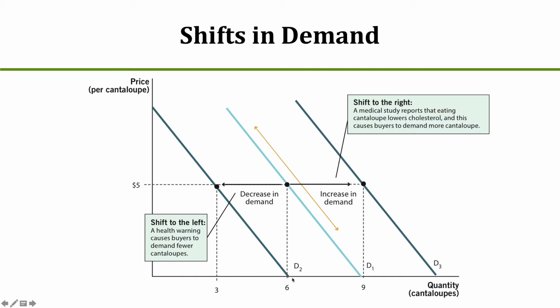Before they were buying 6 units for $5. Now they are buying 9 units for $5. So for each price level, they tend to buy more after the demand shifts. The most important thing here is that when demand increases, it is going to shift right or up. When demand decreases, it is going to shift left or down.